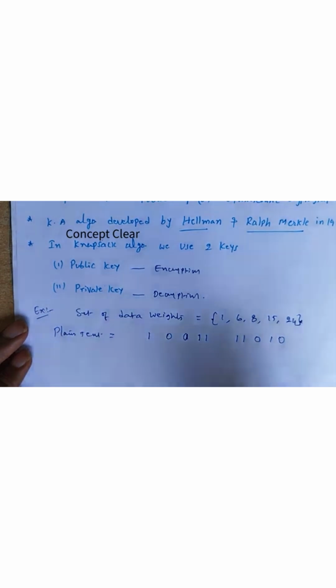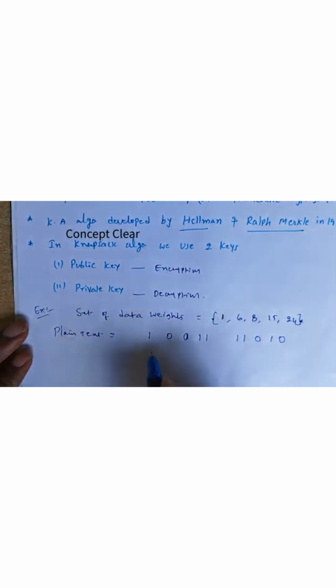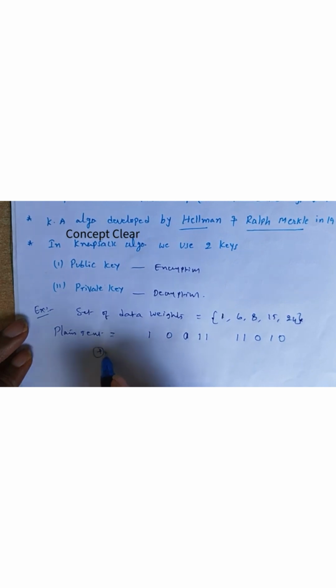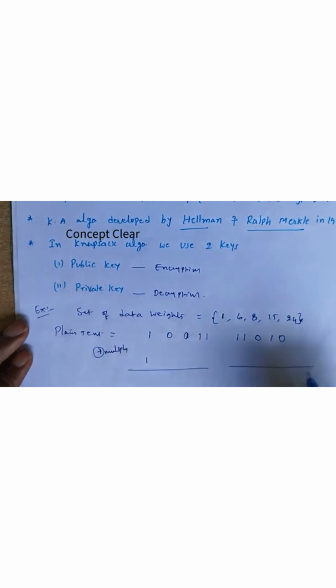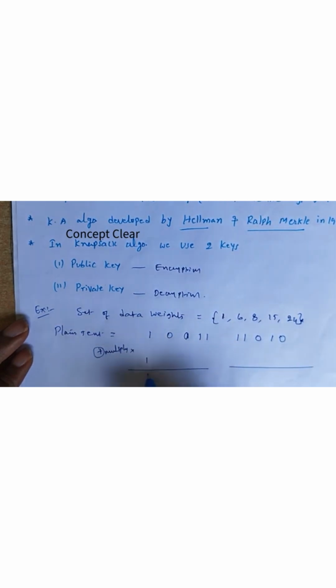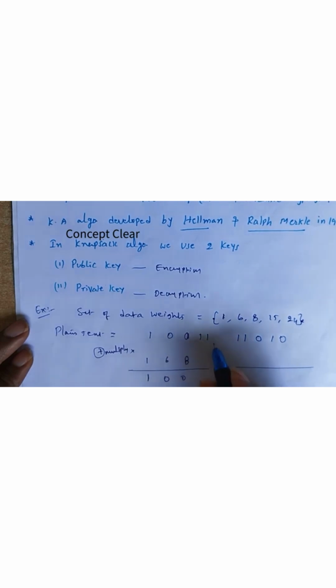To convert this plain text using these weights, we have to multiply each plain text bit with the corresponding weight. 1 into 1 is 1, 0 into 6 is 0, 1 into 8 is 8, 1 into 15 is 15, and 0 into 24 is 0.